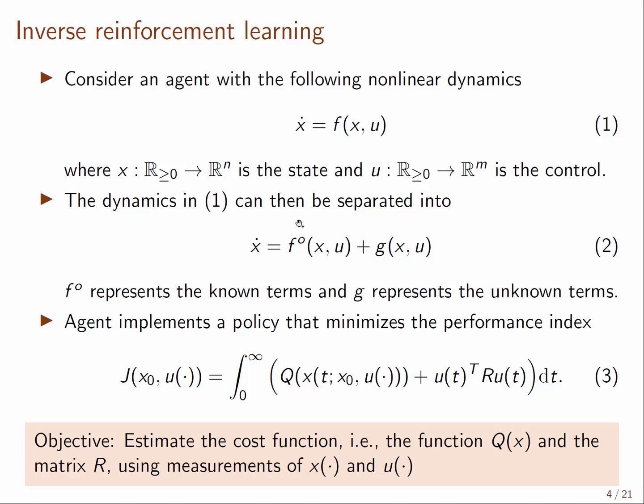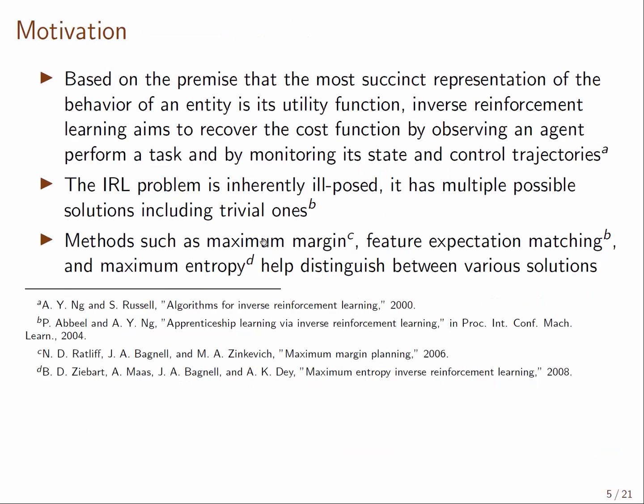The objective of inverse reinforcement learning then is to estimate the cost function, which in this case is the function Q and the matrix R, using the measurements of the state x and the control u. The motivation behind this inverse reinforcement learning problem is the idea that the most succinct representation of a behavior, or of a task that an entity is performing, is its utility function.